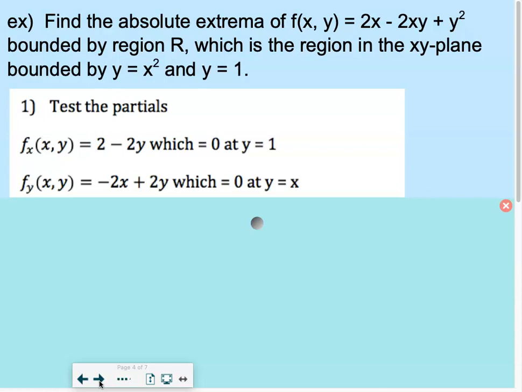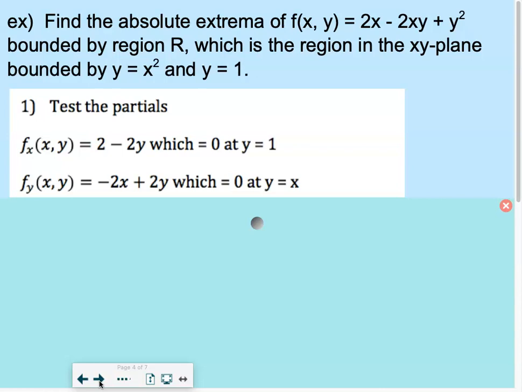Okay, so my first partial x, I got 2 minus 2y, which is 0 only at y equals 1. For my first partial y, I get negative 2x plus 2y, which is 0 whenever y equals x. So the only critical point is what? 1, 1, right? So your first critical point is 1, 1.